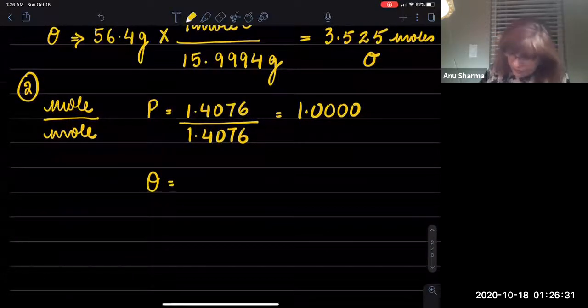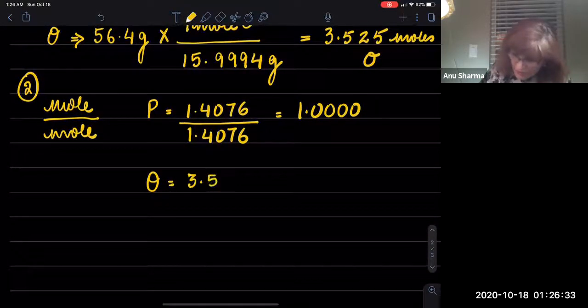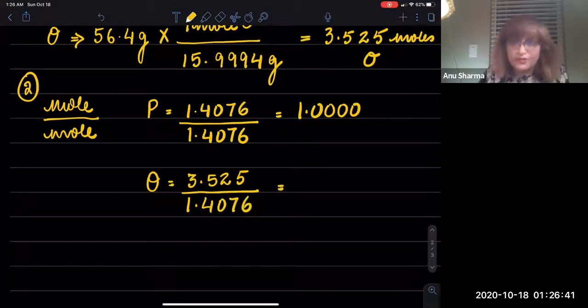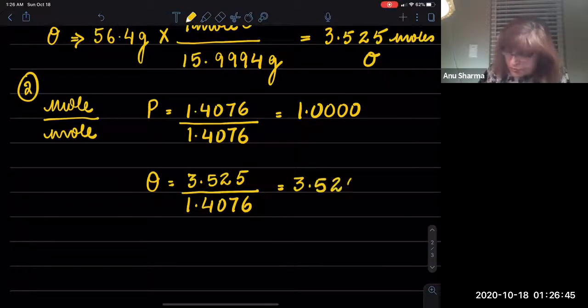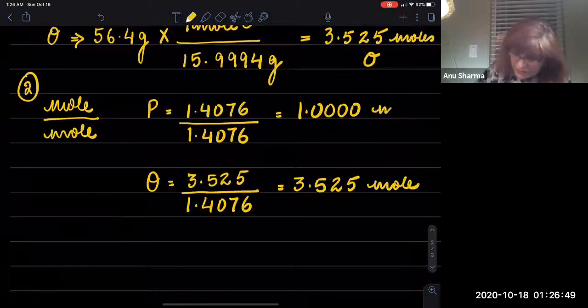Next is oxygen. Oxygen is 3.525 divided by 1.4076, and that is going to give you 2.5. So basically these are still mole ratios: that's the moles of phosphorus, and that's the moles of oxygen.